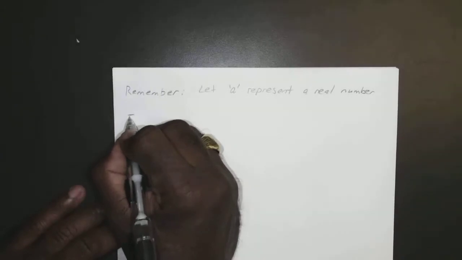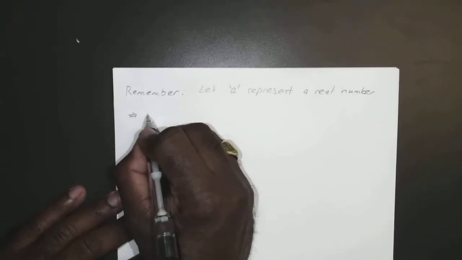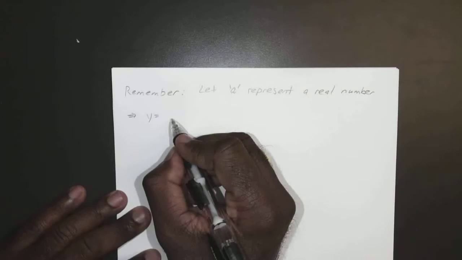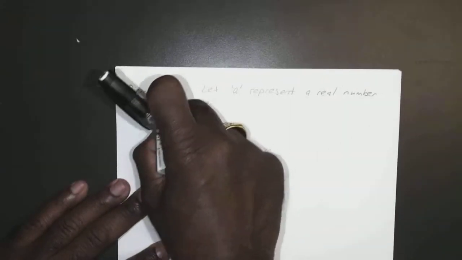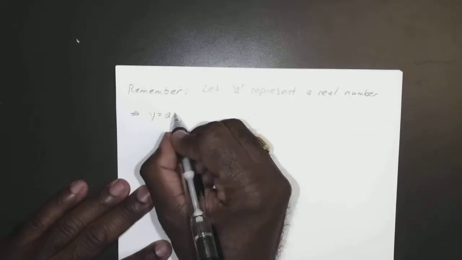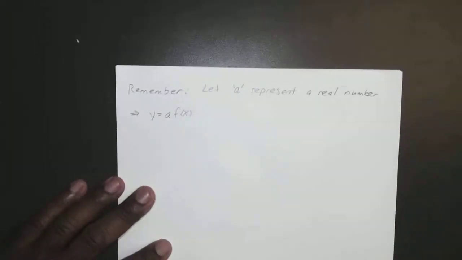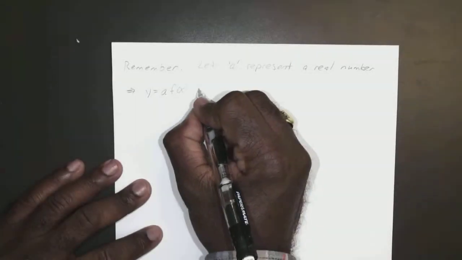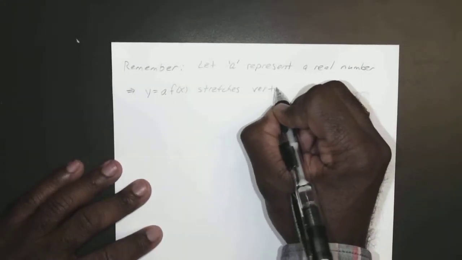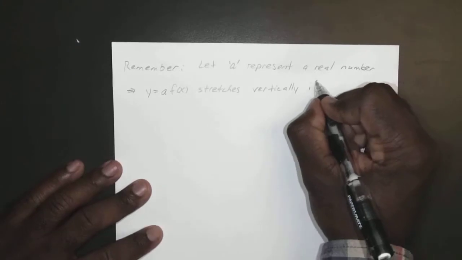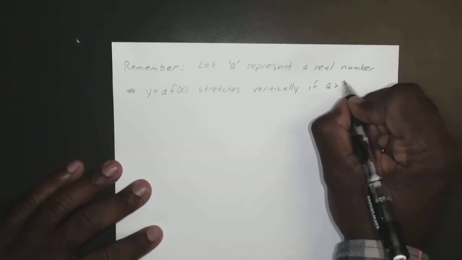Okay, so let's say that y equals, uh-oh, forgot my A. Say A of f of x. So you're just multiplying some function times a number. So it stretches vertically if A is greater than 1.